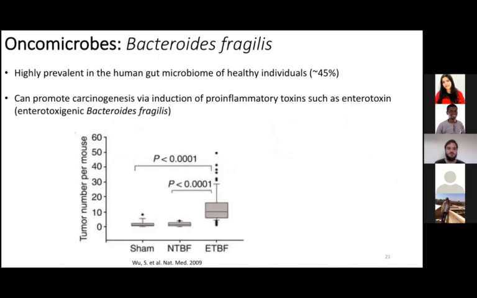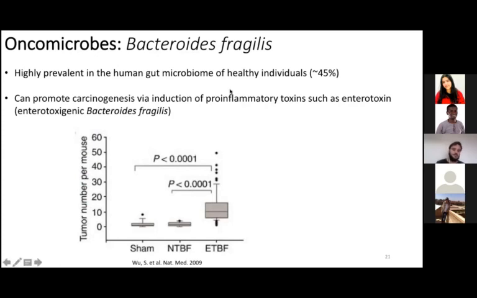Another microbe that I would quickly like to touch on is Bacteroides fragilis. So this is another species that is highly prevalent in the human gut of healthy individuals. However, it has been shown that it can also promote carcinogenesis via the induction of pro-inflammatory toxins. And one of these toxins is the enterotoxin BFT, so Bacteroides fragilis toxin.